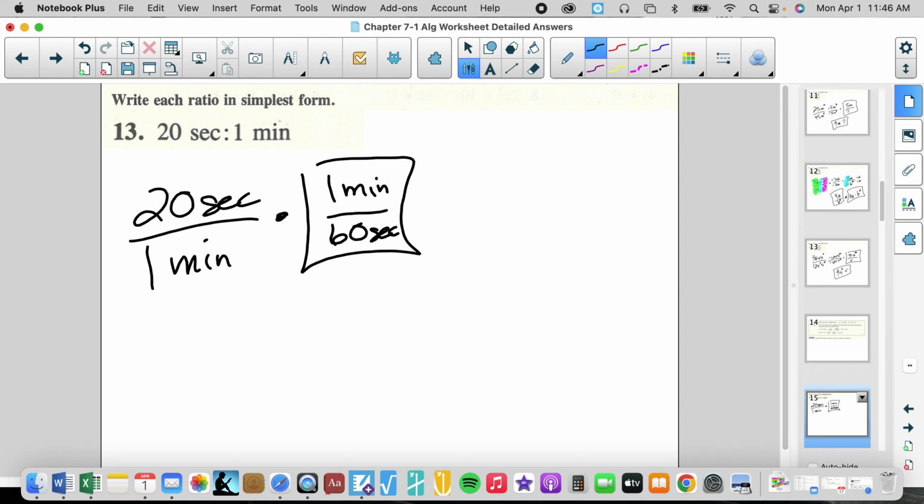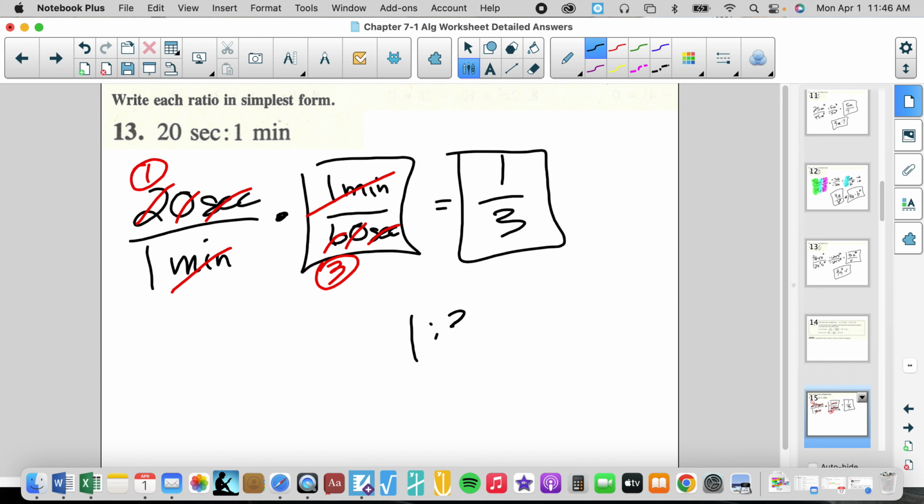And so these are going to cancel. And now my seconds are going to cancel. And my zeros are going to cancel. And my 2 is going to cancel. And my 6 is going to be a 3. So I think it's going to be 1 to 3.